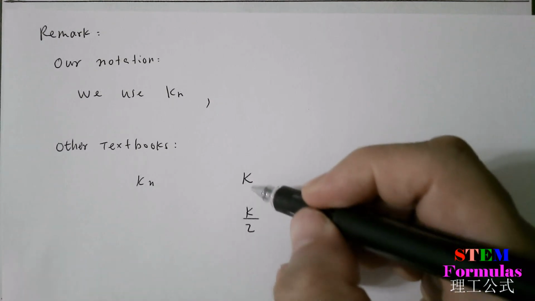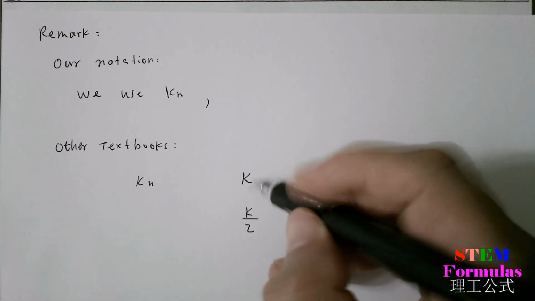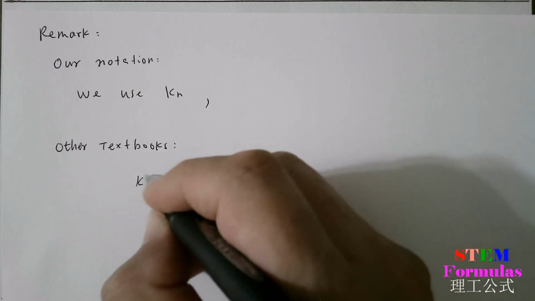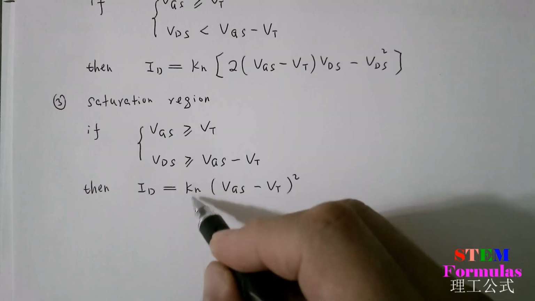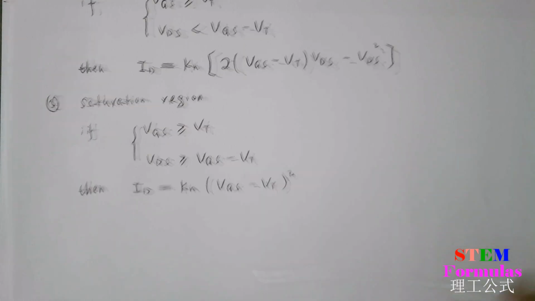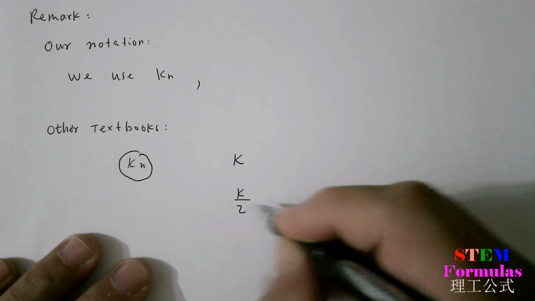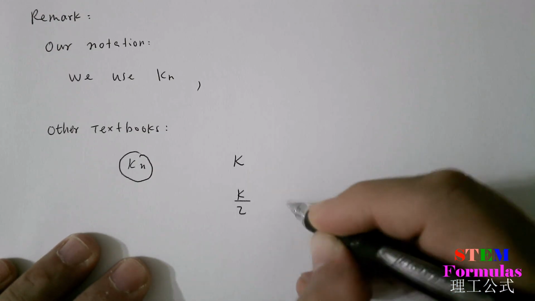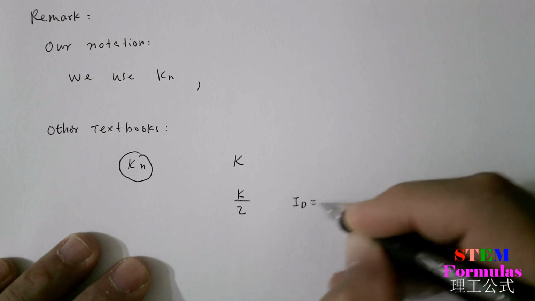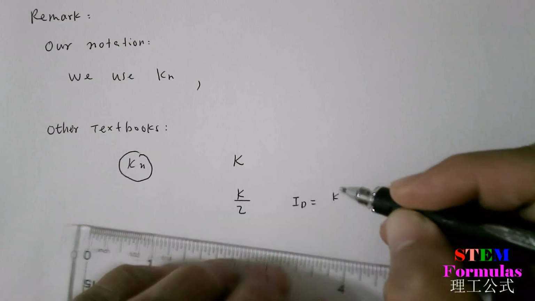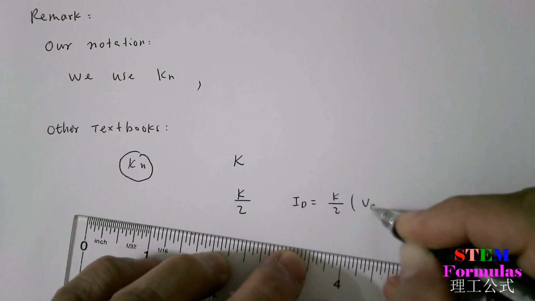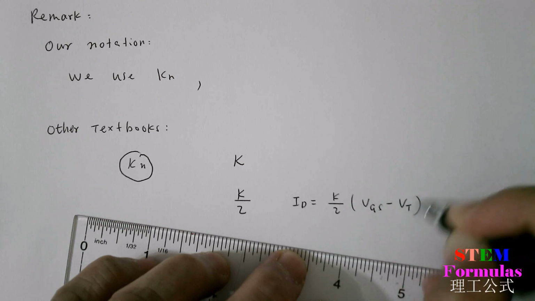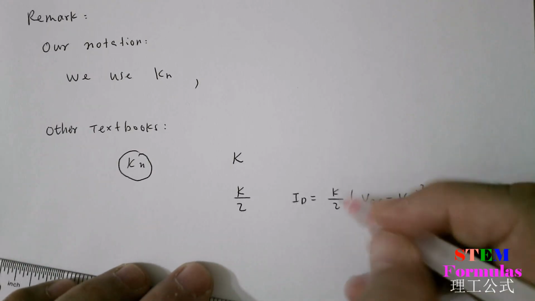So you need to identify what value is meant, but we use Kn. For example, if the notation is K divided by 2, the other notation is ID equal K divided by 2 times VGS minus VT squared.